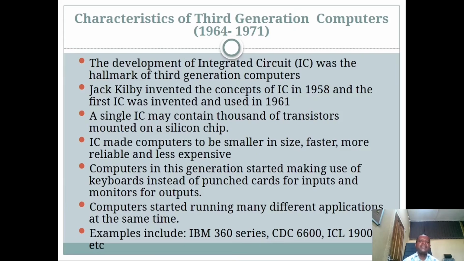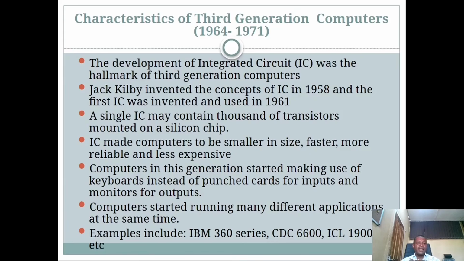So a single IC may contain thousands of transistors mounted on a silicon chip. That means that a single IC contains thousands of transistors compressed together and mounted on a silicon chip.